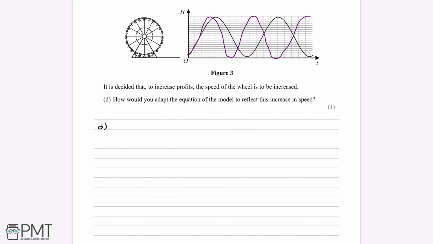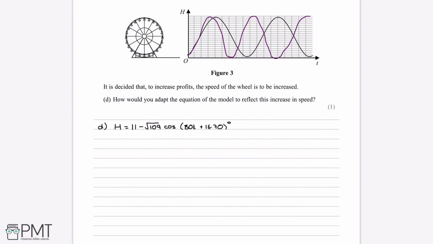And the way that we incorporate this compression in an equation is we increase the coefficient, the number in front of, in this case, the t value. Previously, the equation was h equals 11 minus root 109 cos 80t plus 16.70 degrees.